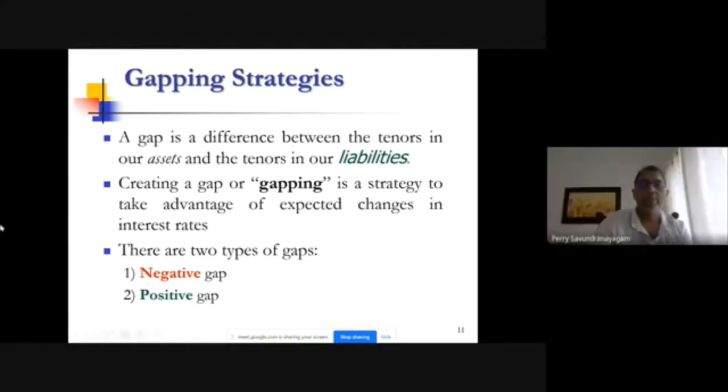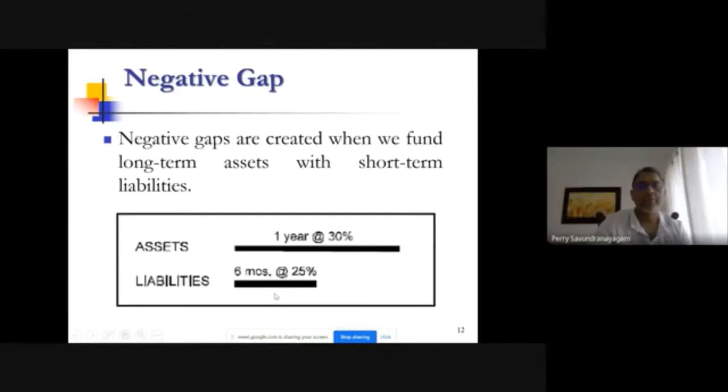Okay, so there are 2 types of gaps, negative and positive. Negative gaps are created when we fund long-term assets with short-term liabilities, what we've been discussing all this time. So you've created an asset and you have a liability which is short-term. In this case, an asset at 30%, and you have a 6-month liability at 25%. So you have a negative gap. Negative why?